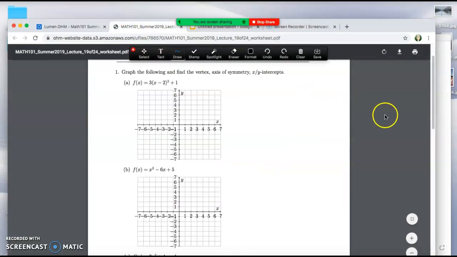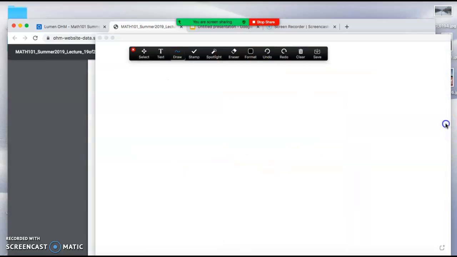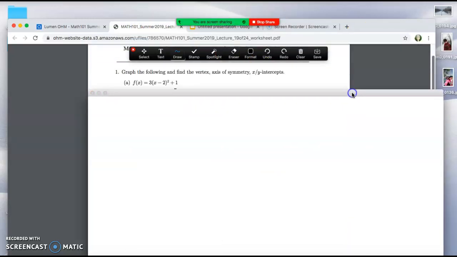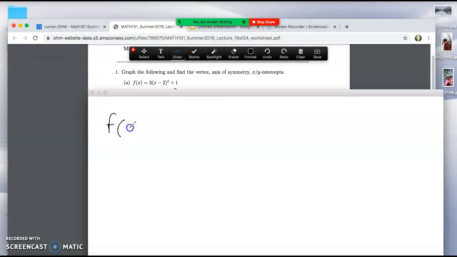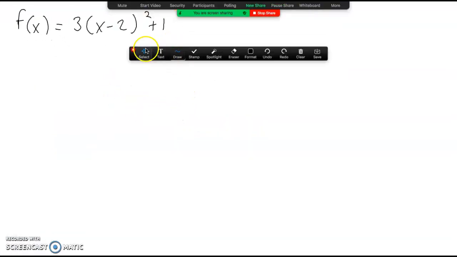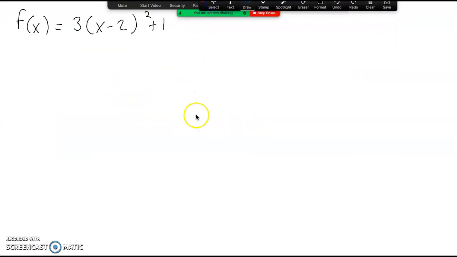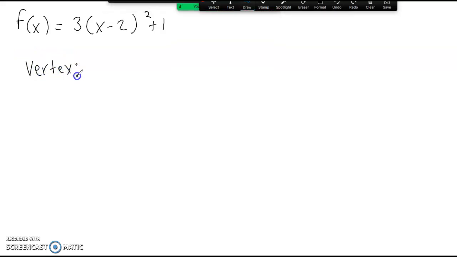So let's look at our first example. We have f of x equal to 3 times x minus 2 squared plus 1. And we're asked to find the vertex, which is a point, right? And remember, it's minus h.